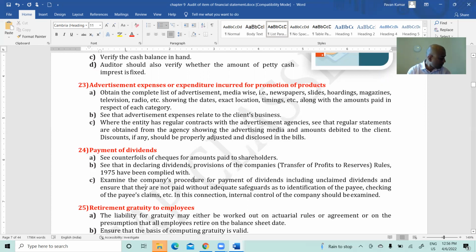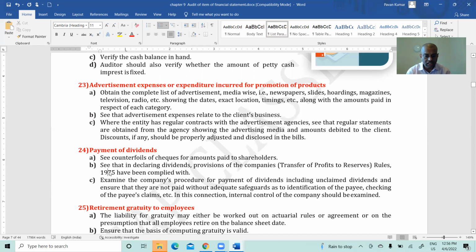See that advertisement expenses relate to the client's business. Where the entity has regular contracts with advertisement agencies, see that regular statements are obtained from the agency showing the advertising media and amounts debited to the client. Discounts, if any, should be properly adjusted and disclosed in the bills. So these are general points, you don't need to break your head understanding.